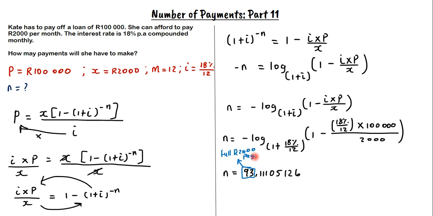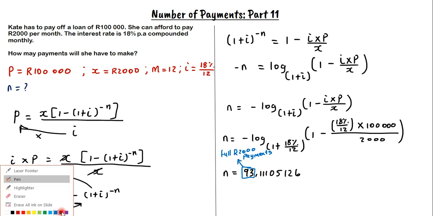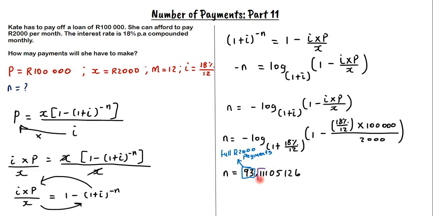That means Kate has made 2,000 rand payments 93 times. Now, what about the 0.11105126? The remainder tells us that the last payment, the 94th payment, was less than 2,000.